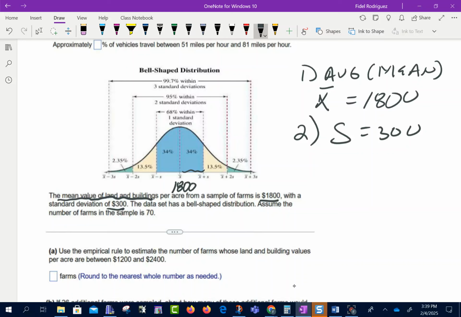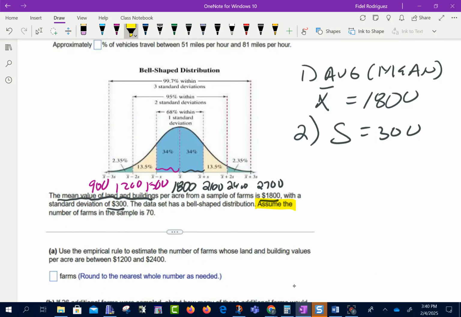And then we're going to start adding 300: 2,100, 2,400, 2,700. Okay. If we now start to subtract 300, that's going to be 1,500. We subtract another 300, 1,200, another 300, 900.